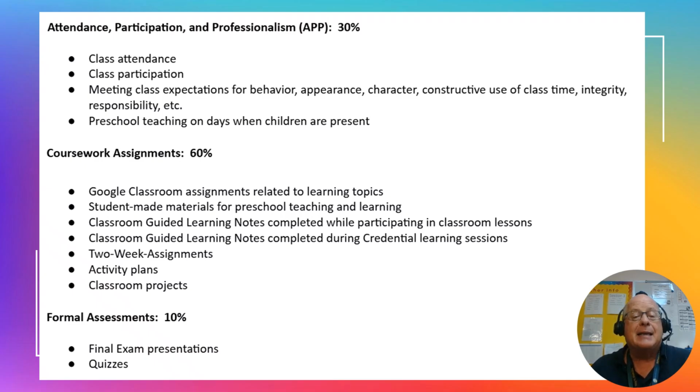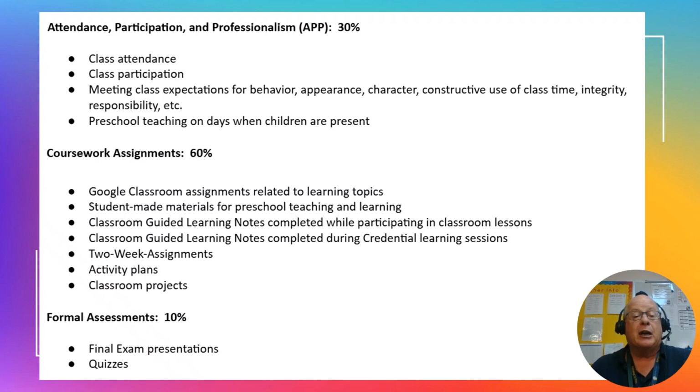The next section is 60% will be coursework assignments. So you're going to be taking notes sometimes when I teach on a topic, and that'll be something graded. You're going to be making some materials to use with our preschoolers. We'll be making something called song cards. You'll be graded on things like that. You're going to be taking notes again when I teach classroom lessons.